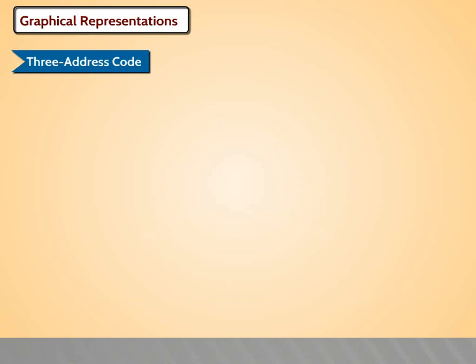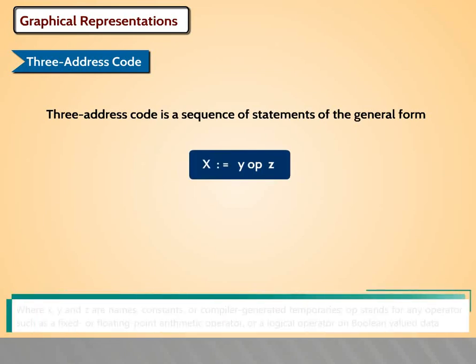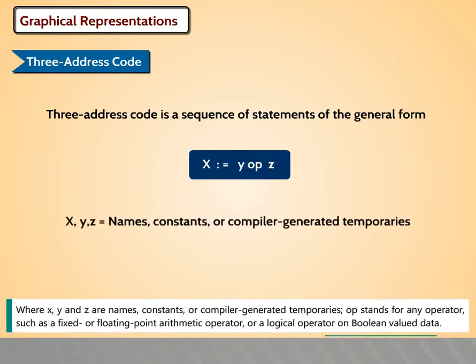Three address code. Three address code is a sequence of statements of the general form x = y op z, where x, y, and z are names, constants, or compiler-generated temporaries. Op stands for any operator such as a fixed or floating point arithmetic operator or a logical operator on Boolean valued data.